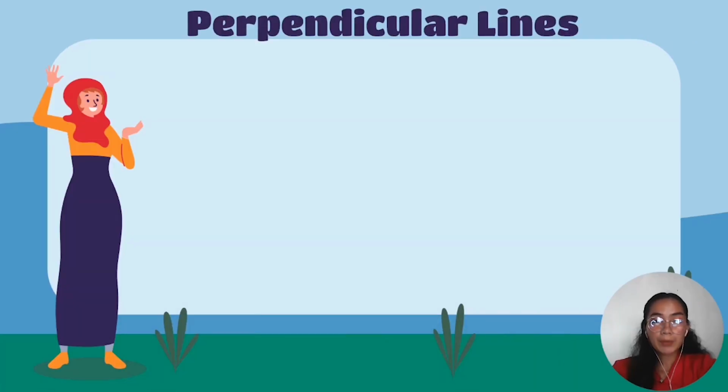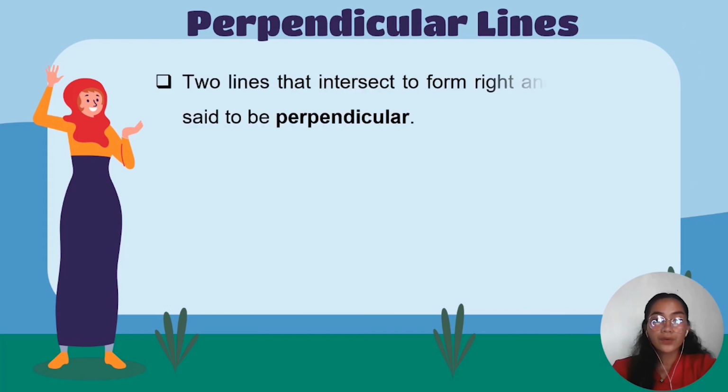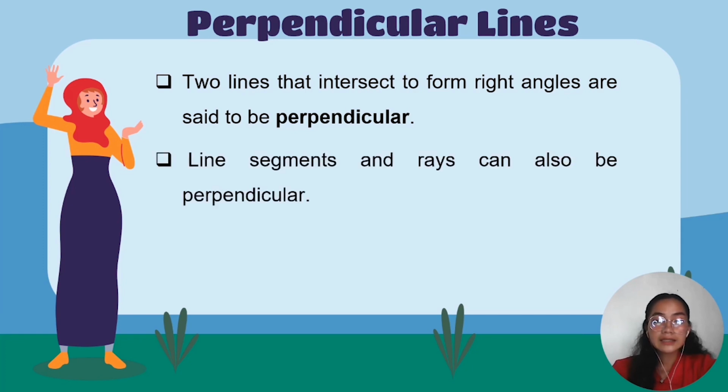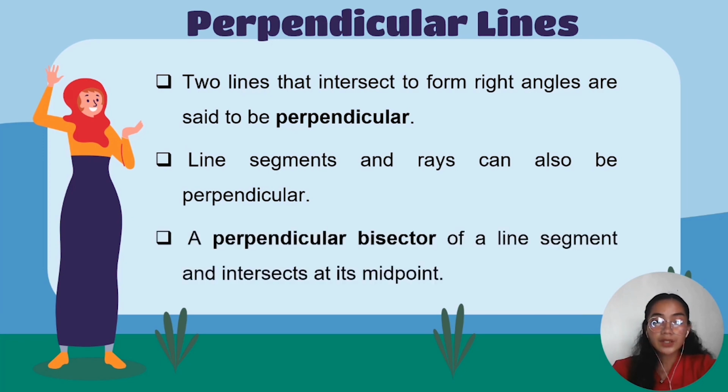What are perpendicular lines? First, two lines that intersect to form right angles are said to be perpendicular. Second, line segments and rays can also be perpendicular. Third, a perpendicular bisector of a line segment intersects it at its midpoint.